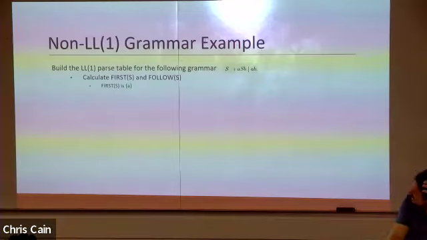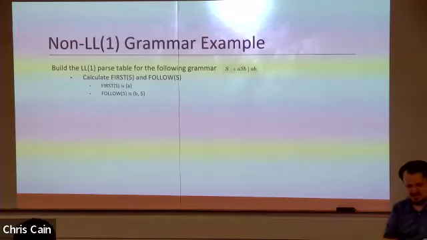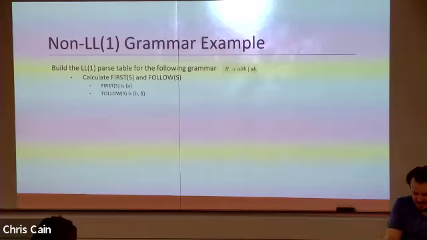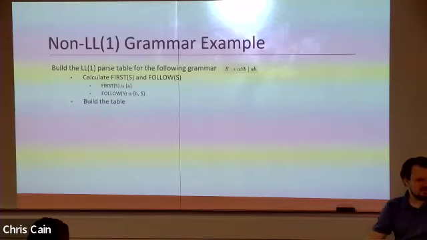So dollar and B. Because if we use the first production, S arrow A capital S B, then what follows that internal S could be a B. So we union that into the set, and that gives us our follow. The next step is to actually build the LL1 table. So let's do that next.